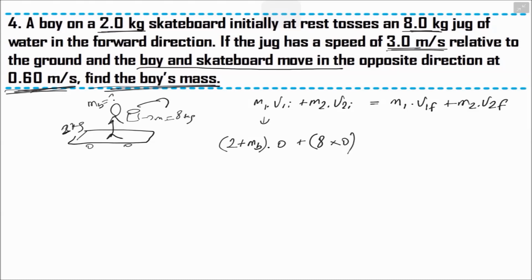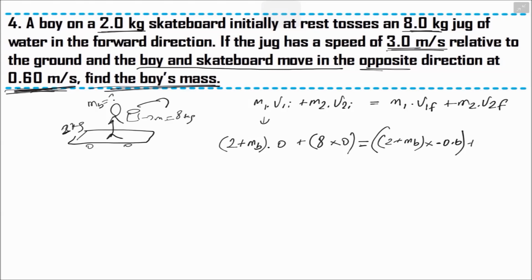So it will be 0. That will be equal to m1, 2 plus mass of the boy, times velocity of the boy and the skateboard, 0.6 but in the opposite direction, so it will be negative 0.6.